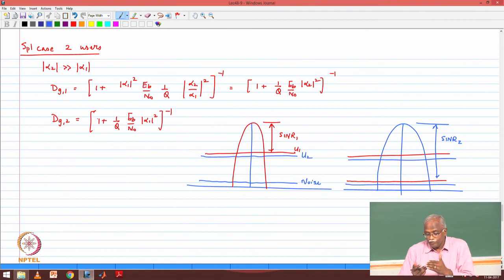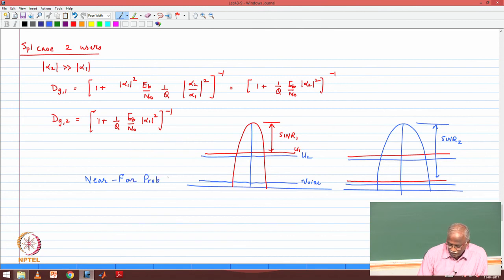Now if user 2 increases its power even more, who is going to get hurt? User 1 is going to get hurt, user 2 is not going to get hurt, user 2 is quite happy. So this is one of the reasons why power control is so important, and this is precisely what we call the near-far problem.